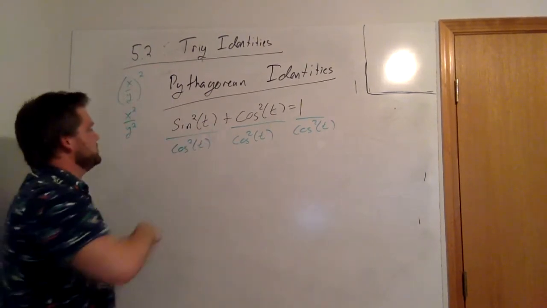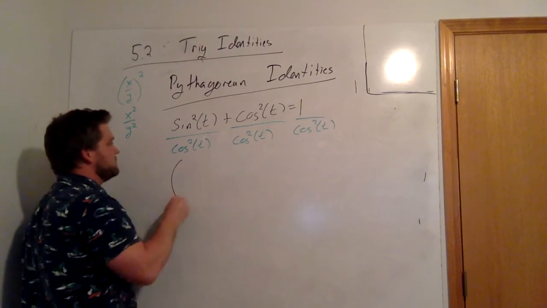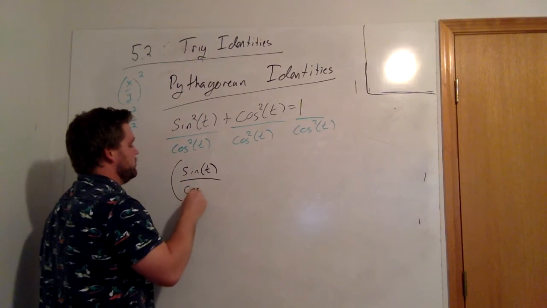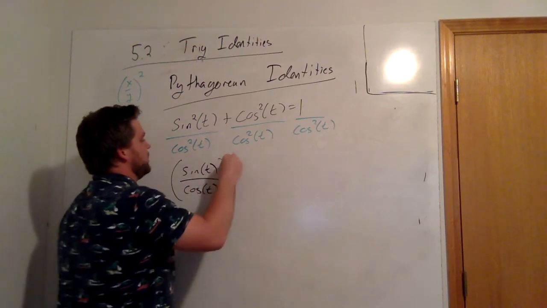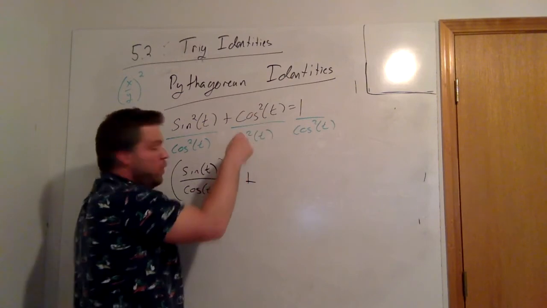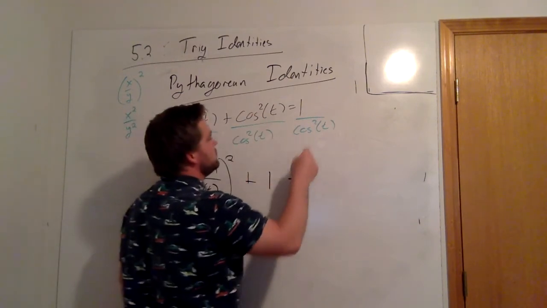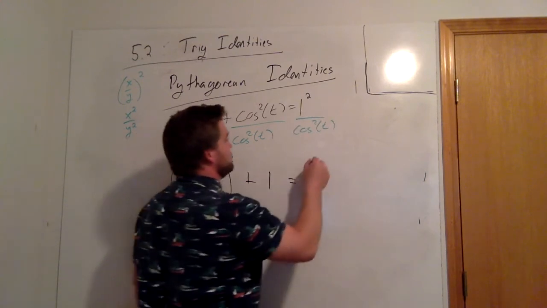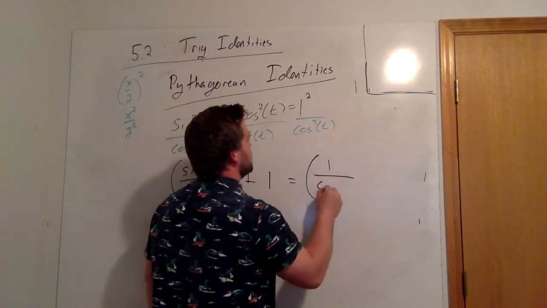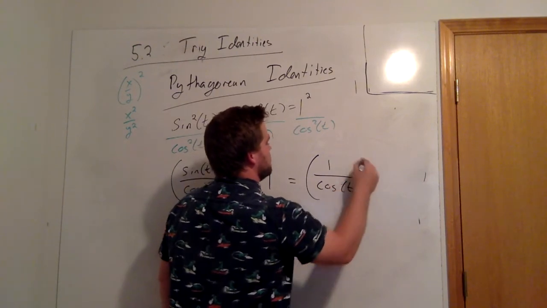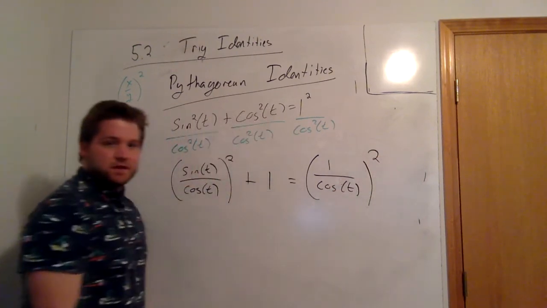So this is all equivalent to me writing in parentheses sine of t over cosine of t quantity squared plus, well, cosine squared over cosine squared, that's just 1, is going to be equal to, you could think of this 1 as being 1 squared, so this will just be 1 over cosine of t, all being squared.